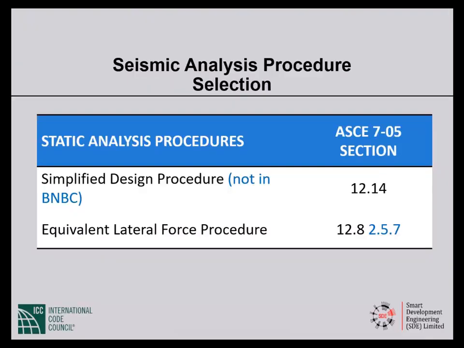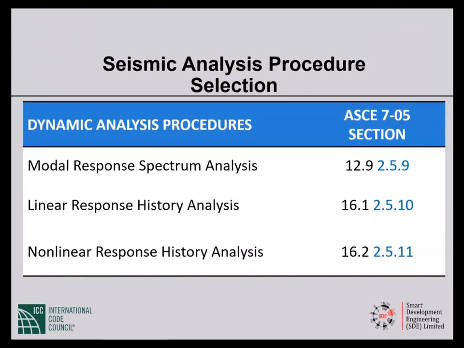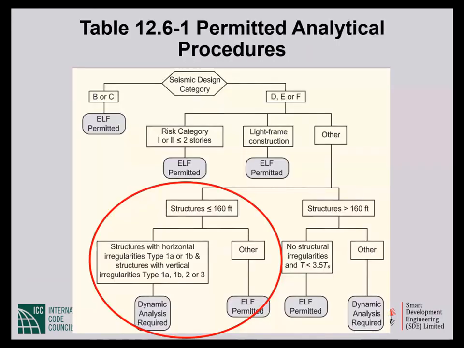Seismic analysis procedures we talked about yesterday. We have simplified analysis that you don't have in BNBC, which is well and good. Equivalent lateral force procedure, then the dynamic analysis procedures: modal response spectrum, linear response history analysis, nonlinear response history analysis. I showed you a version of this chart yesterday.